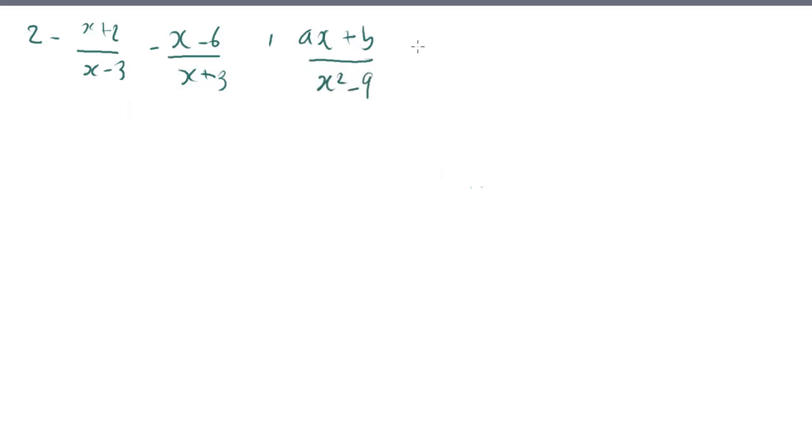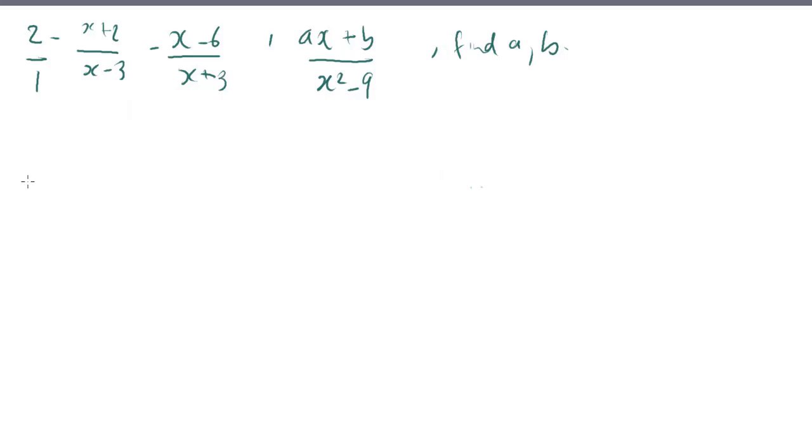So we have to find a and b. The first thing that we can do is turn this 2 over 1, and then similarly as we've done before, we can try and find the LCM. So in this case, we can say 1 times by x minus 3 multiplied by x plus 3 is going to give us the LCM.